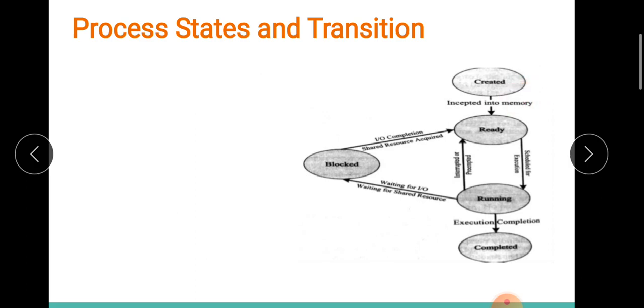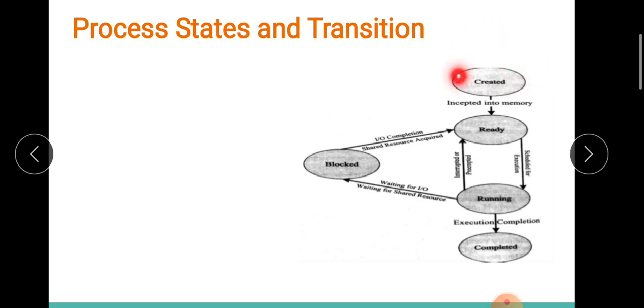In this created state, the process has been recognized, but no resources are allotted to the process. You have created your process, but it doesn't have any resource allocation. When the created process has been allotted resources, and when I say resources, it's basically memory, right?